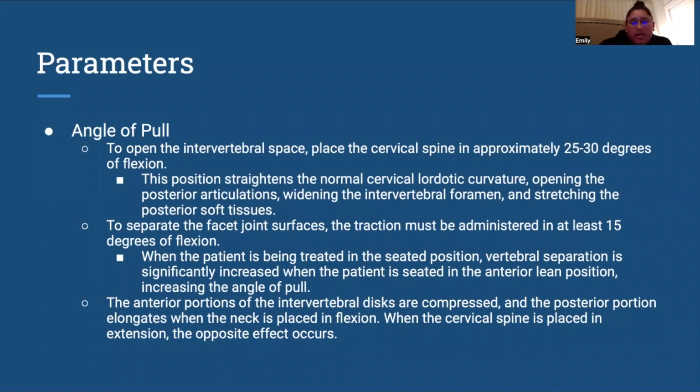The anterior portions of the intervertebral discs are compressed, and the posterior portion elongates when the neck is placed in flexion. And then also, when the cervical spine is placed in extension, the opposite effects would occur for the patient.